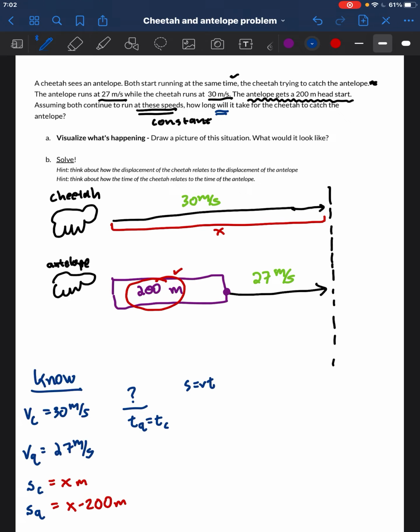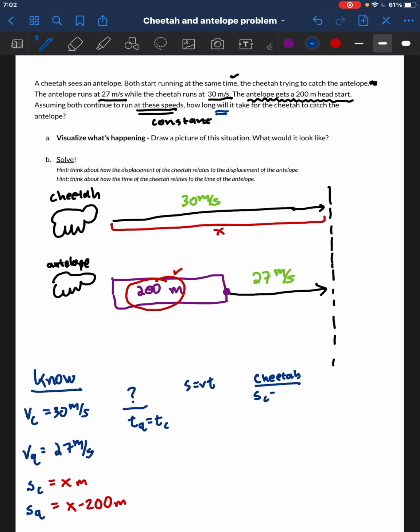All right, so let's start putting together some equations. So thinking about the cheetah, I have S of C equals V of C, T of C. x equals velocity of the cheetah, 30, times t. I could put t of the cheetah, but I'm just going to say time, because we know that there's only one time involved.